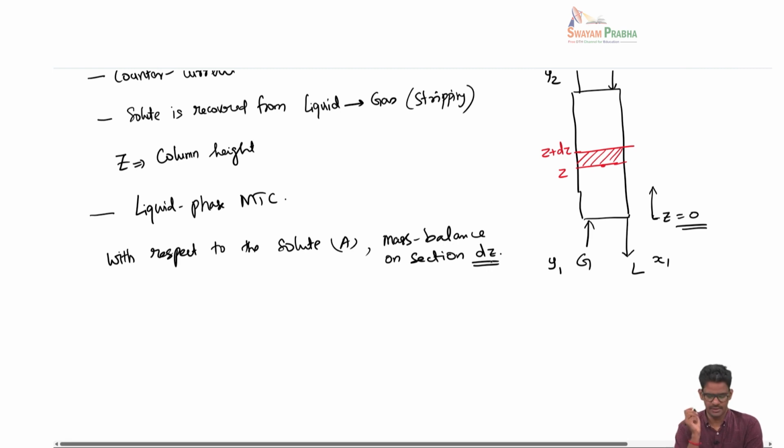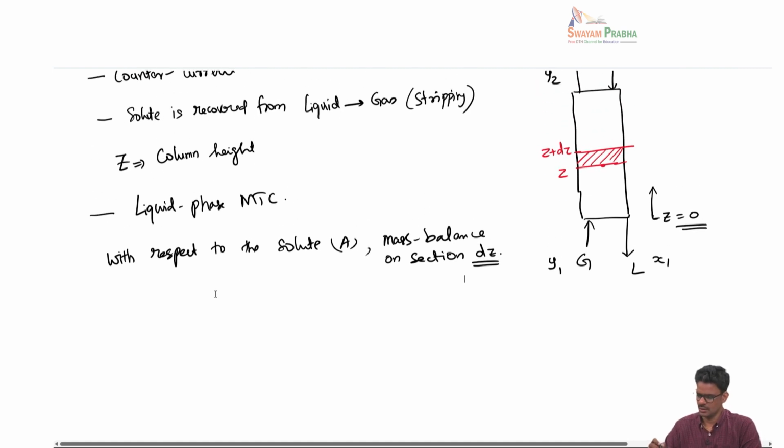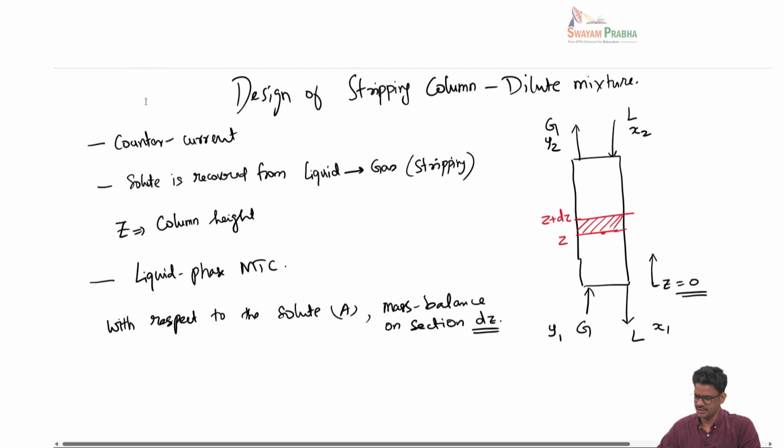So in this section you can see that this is a liquid entering here and this is a liquid leaving and this is the gas leaving and gas is entering here.